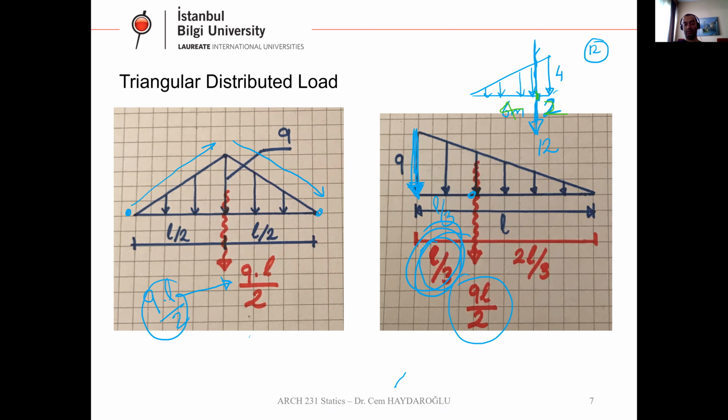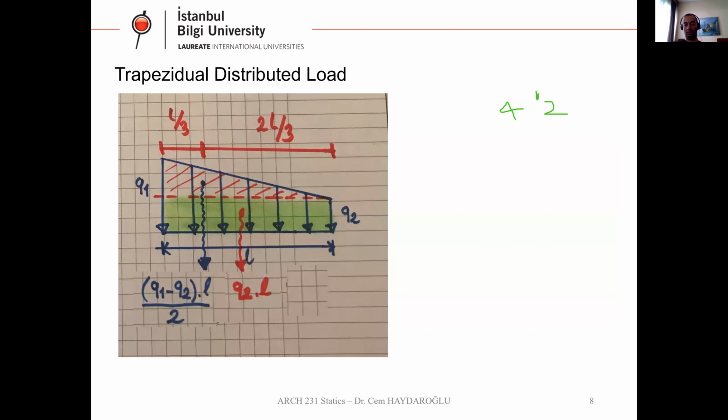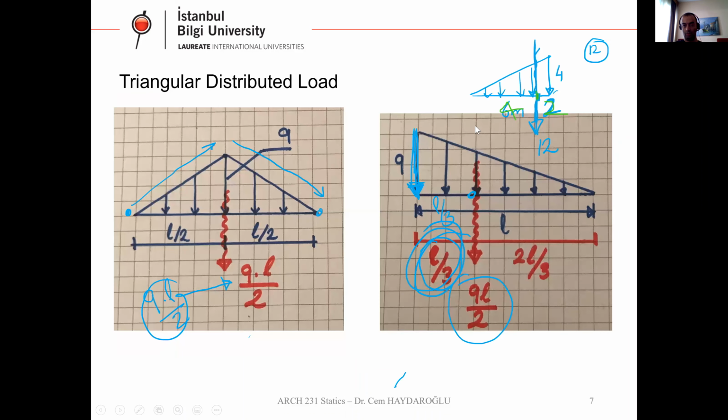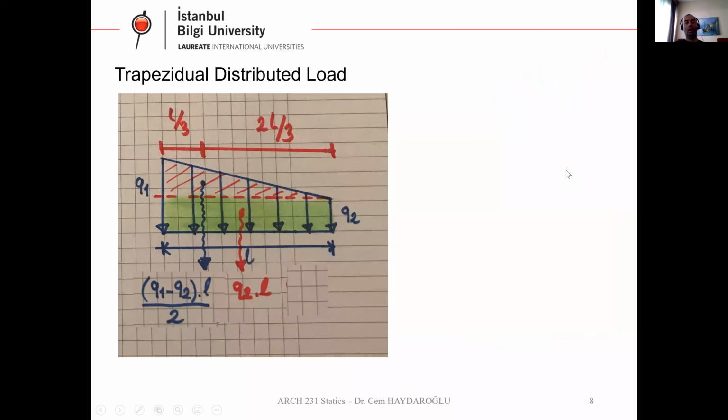If we go one step forward, trapeze loading here. Here you can see a trapeze loading, basically.